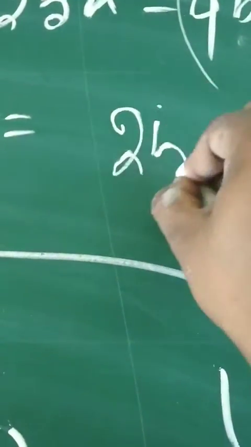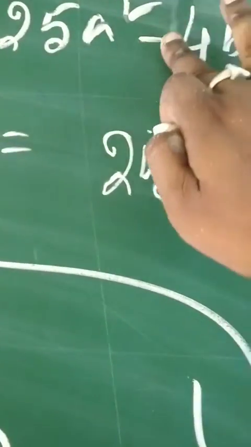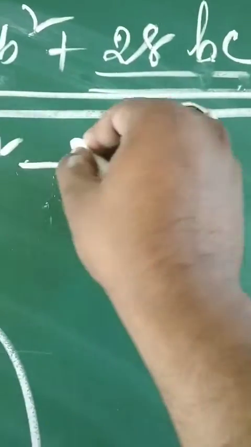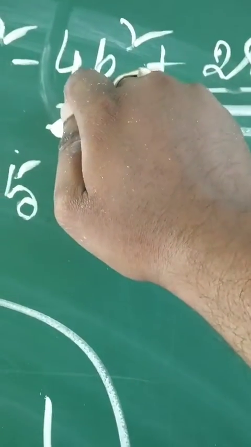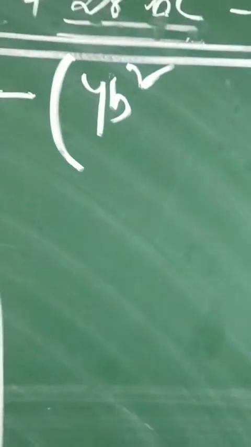I'll write 25a square as it is. And I want to take minus common from these three terms. So it was minus 4b square, minus is out, so it's only 4b square.